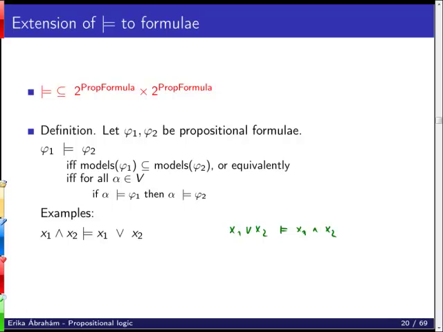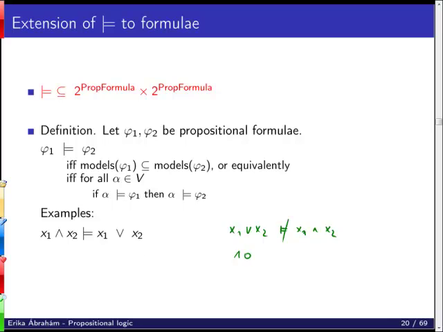Of course not. Can you tell me one assignment which is a model of x1 or x2 but not of x1 and x2? x1 to 1, x2 to 0. So the bit vector 1, 0, or a function assigning true to x1 and false to x2, is a model of this, but is not a model of this.